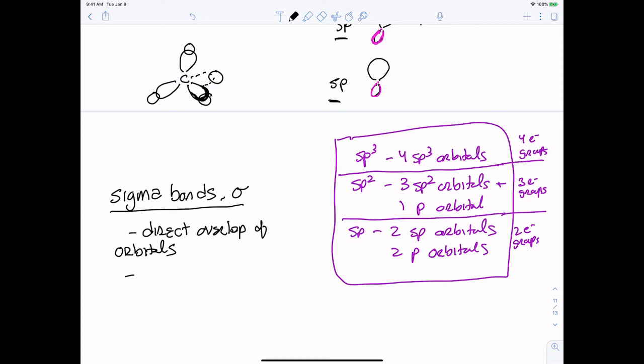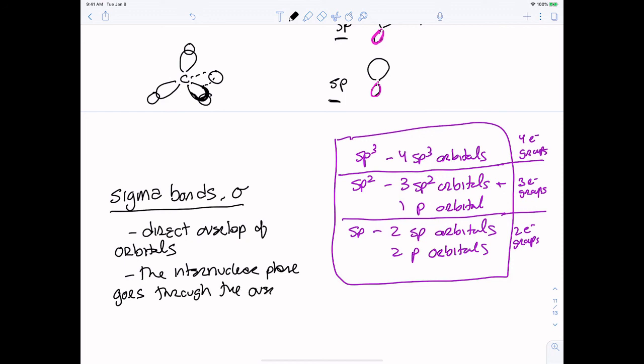If we were to draw a line connecting the nuclei of the two atoms in the bond, that line is going to pass right through that overlapping region. So the internuclear plane. So again, if you were to connect the two nuclei, so internuclear, goes through the overlapping region.